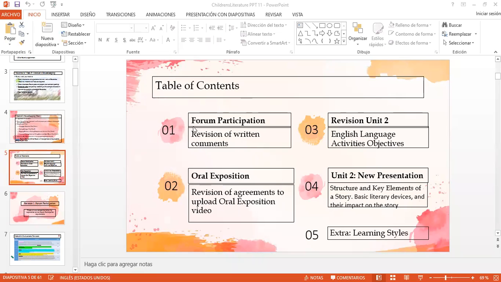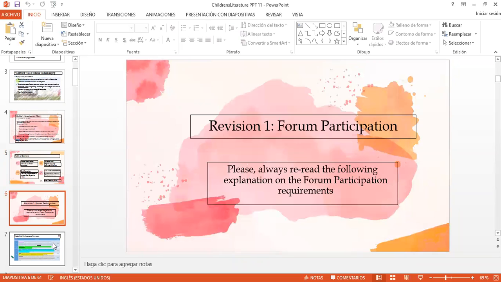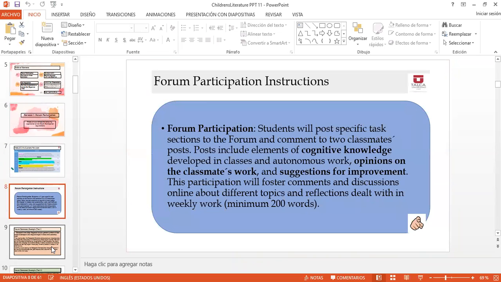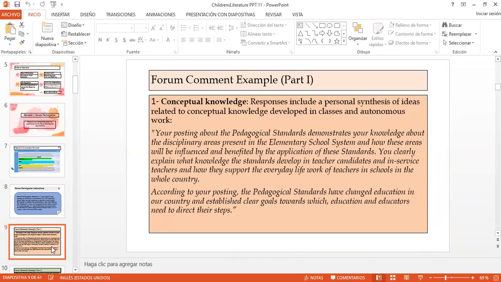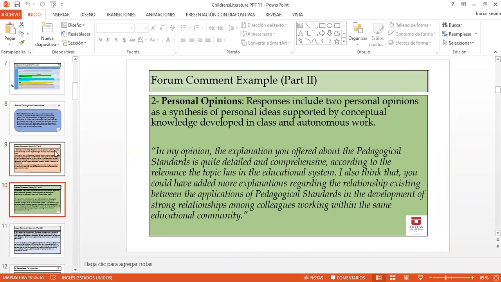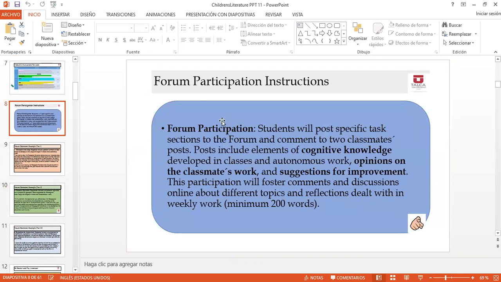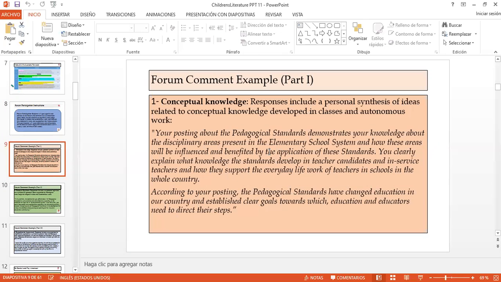So always remember the forum participation. I always tell you that in the videos, for example, and I was very emphatic, you needed to write comments following the model. And remember, this is part of your grade. You have the model here. So this is a model on pedagogical standards.